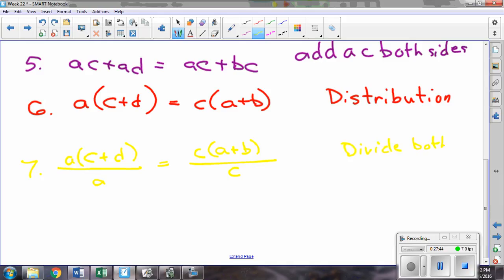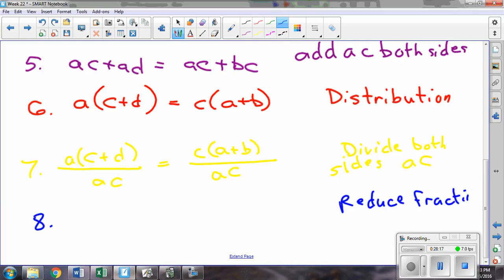Now, unfortunately, we can't just divide each piece by itself. We'll have to divide both sides by the A, because we need to get rid of the A on the left. And we'll have to divide both sides by C to get rid of the C on the right. And so we wind up with this proportion. From this stage, we can reduce or simplify those fractions.